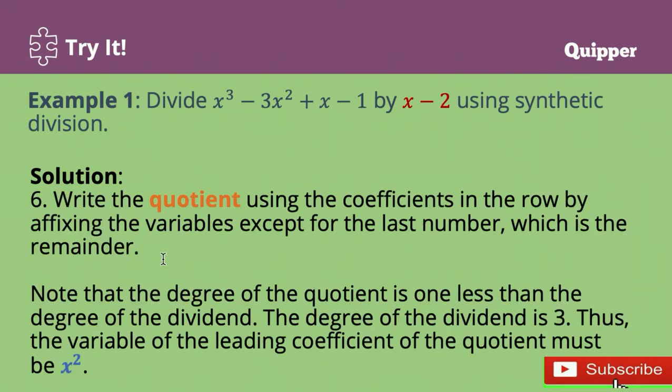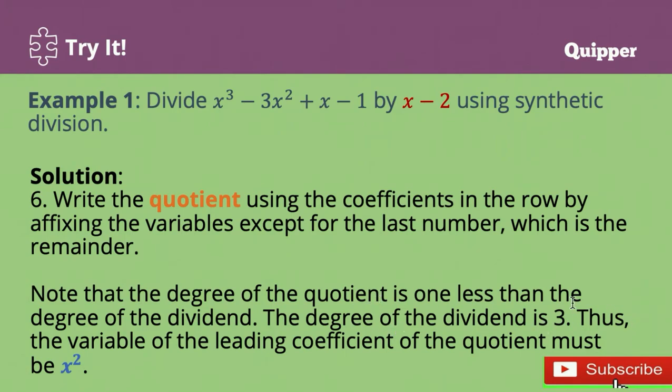Number 6, write the quotient using the coefficients in the row by affixing the variables, except for the last number, which is the remainder. Note that the degree of the quotient is 1 less than the degree of the dividend. The degree of the dividend is 3.